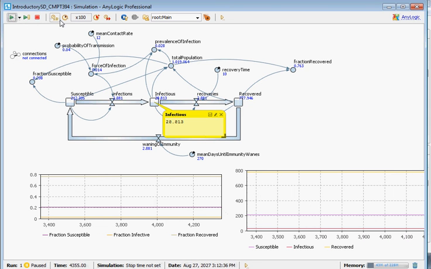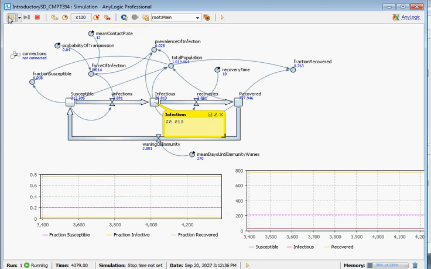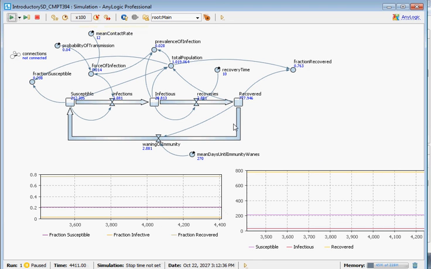Let's go see that further. So run it out a little bit. And now let's go change this, ladies and gentlemen. Suppose we could lower this probability of transmission by a factor of 2. So maybe this is through, if it's something like STIs, promoting condom use.